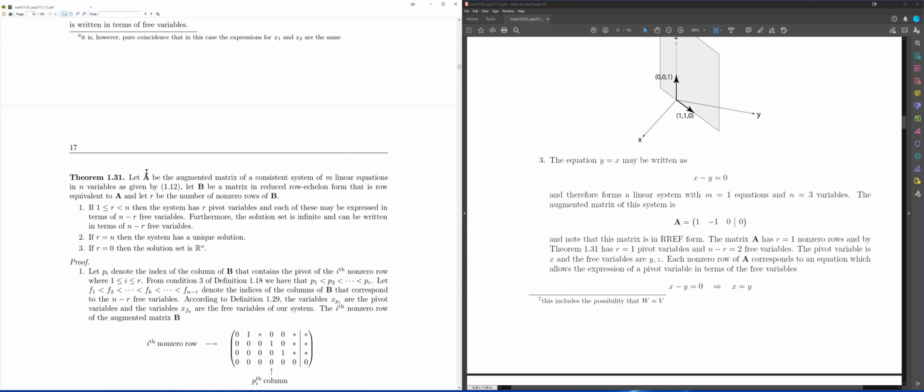A is the augmented matrix, which is this matrix over here. From A, you form the reduced row echelon form by applying Gauss-Jordan.